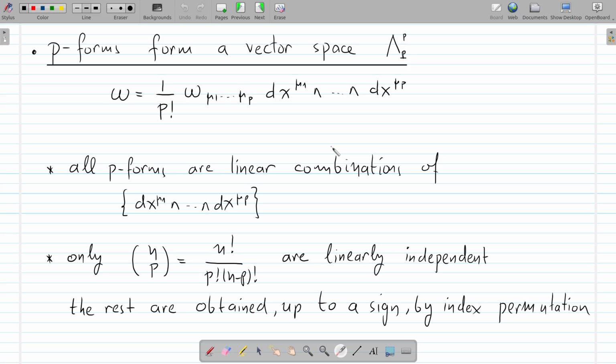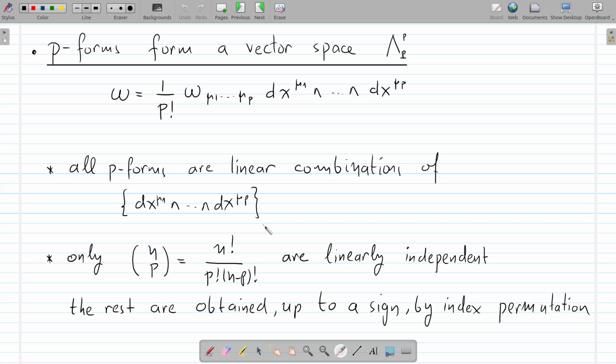So in order to form a basis, first we have to choose all these indices to be different, and consider the fact that under the exchange of the order of any of those vectors here, we will obtain the same vector up to a sign. Sorry, vector, I mean in the vector space lambda p, a 0p tensor.